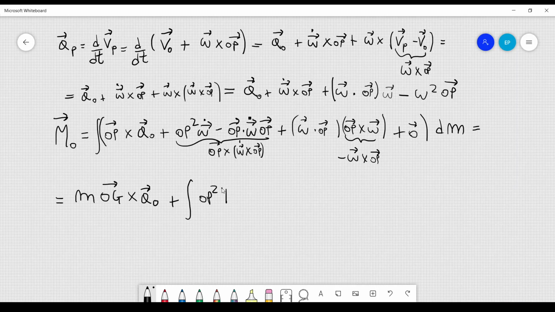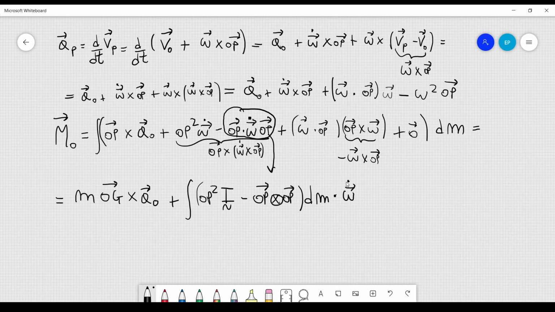I can rewrite it like this. I multiply by the identity matrix minus OP tensor product OP. And then here I have dm, and I can put omega dot outside of the integral here.